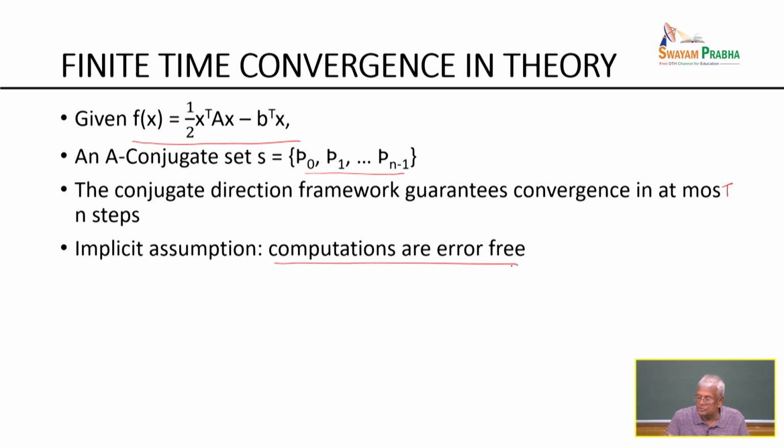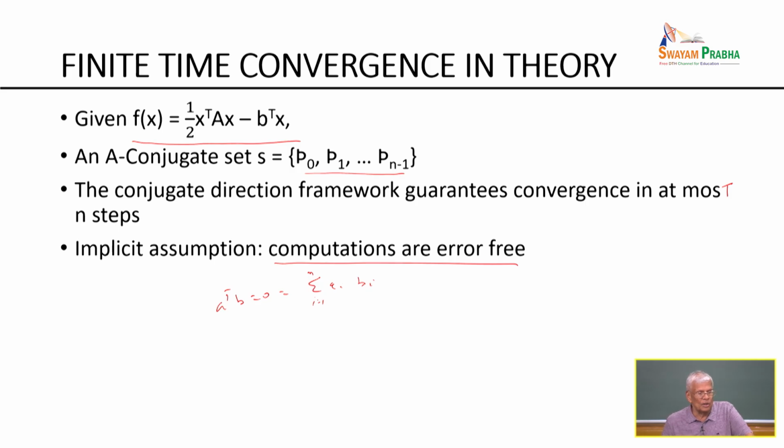What is the implicit assumption? The implicit assumption is that the computations are error free. Why? Please remember, if I say two vectors are orthogonal, a transpose b must be equal to 0, which is equal to the summation of a i b i, i equal to 1 to n. If I compute the product of a i b i and add them up, will I ever get 0? Very seldom, very rarely.